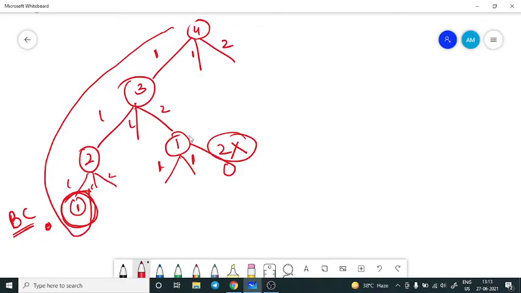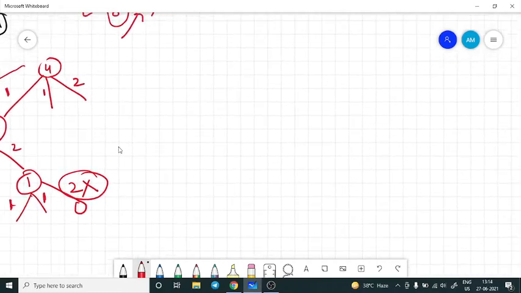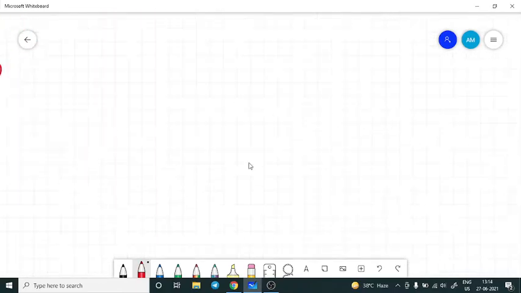The sub problem for this one and this one is the same. So there is no need to recompute this state if I have computed it already. If I have computed it initially, I will store my answer into a DP table, which can be any map or any array or any 2D array. So that's how we are using dynamic programming and the concept of memoization.